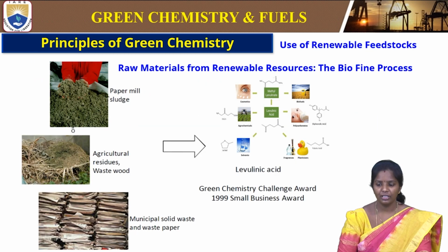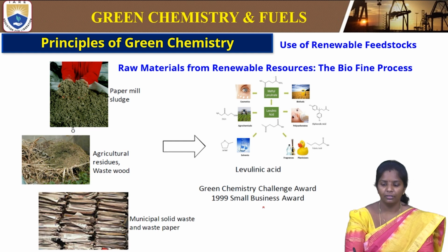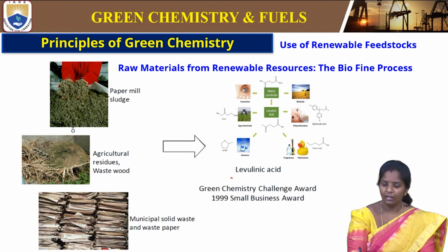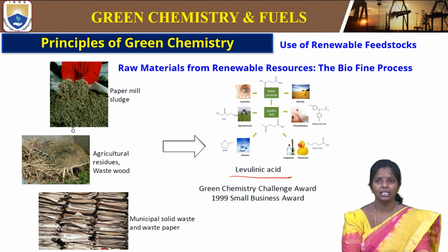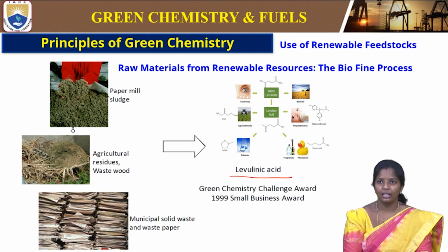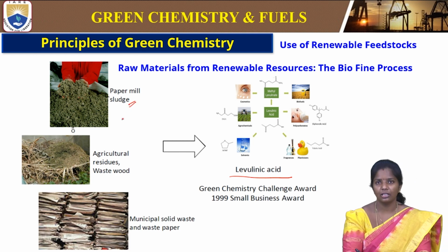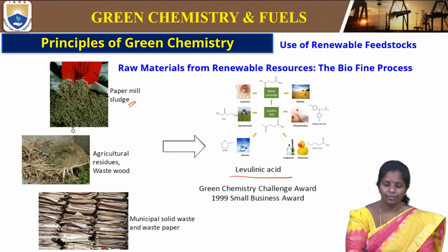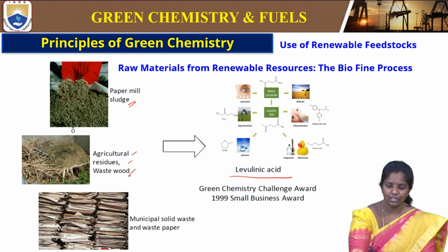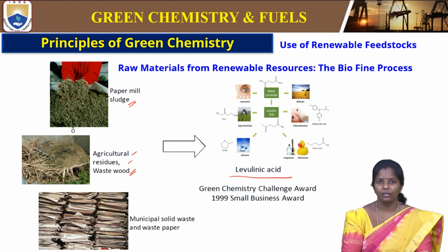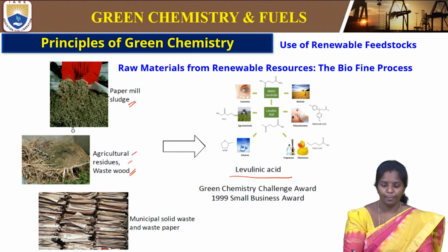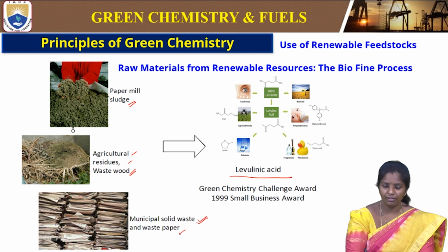For example, there are wide applications for levulinic acid. There is a method that uses renewable starting materials like paper mill sludge obtained from the paper mill, agriculture residues and waste wood, any waste obtained from agriculture and the wood industry, then municipal solid waste and waste paper.